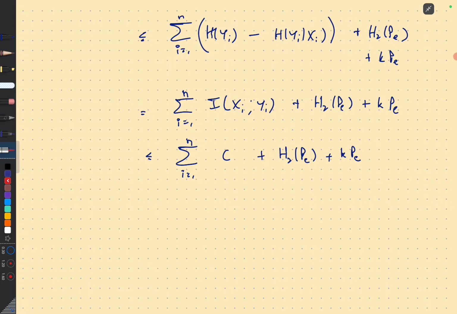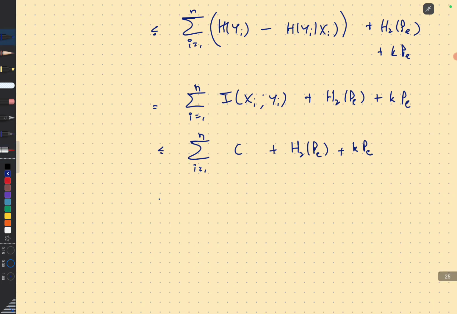But then Pxi could potentially be different. All right? But then C is the maximum over all possible such Px. So C is always greater than or equal to I(xi;yi). So this is just n times the capacity plus h of Pe plus k times Pe.